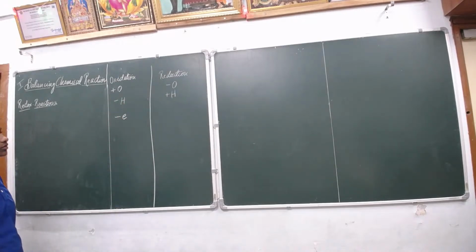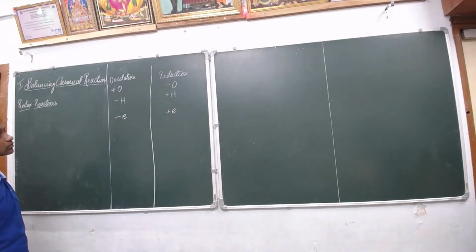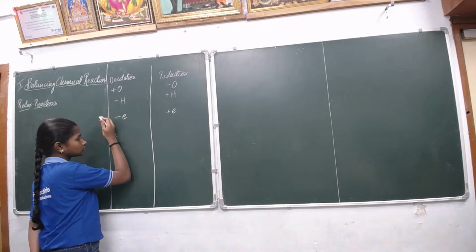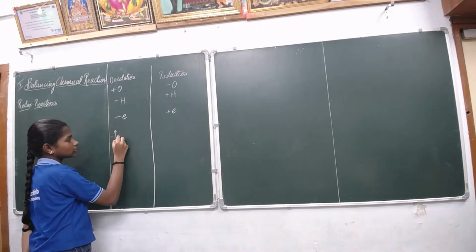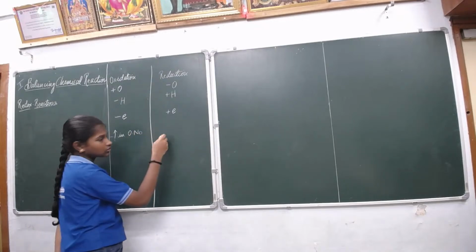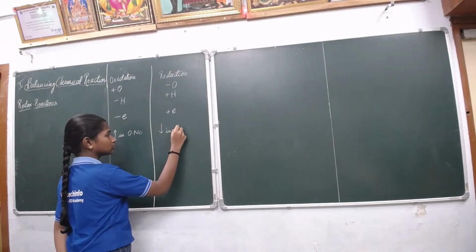Then addition of electron is reduction. And in case of oxidation number, how can we define oxidation? Increase of oxidation number, right? Decrease of oxidation number, that is a reduction.